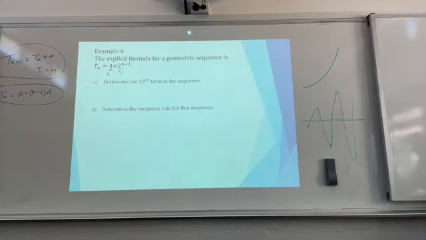Right? So therefore, when you determine the 10th term, you can just put in T10 equals to 4 times 2 to the power of 10 minus 1, which is 9. Which is, I'm pretty sure it is 2048.